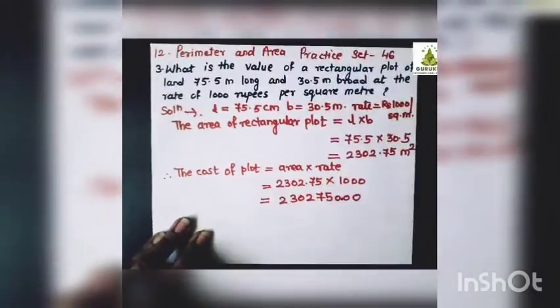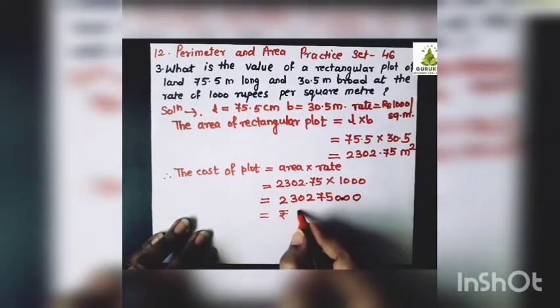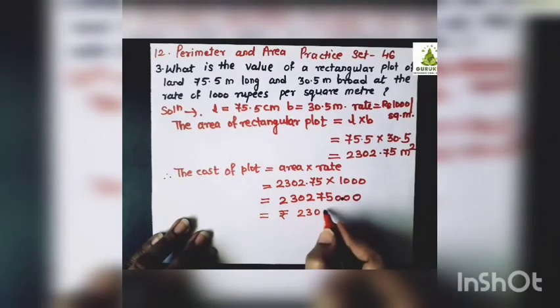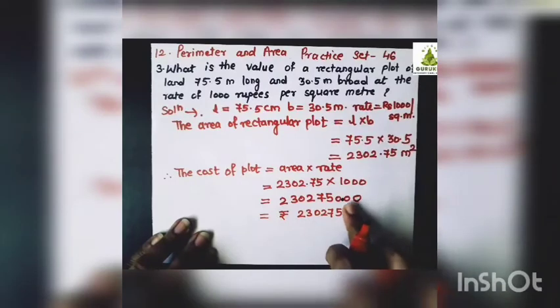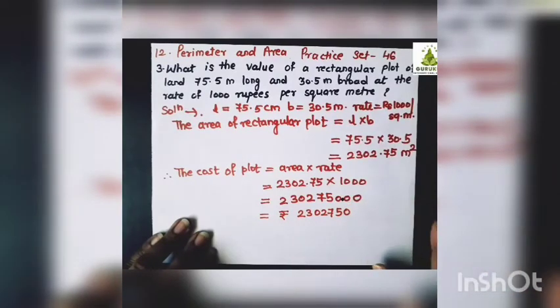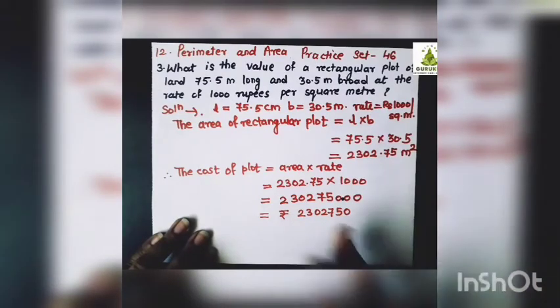So I will mark it with black. This decimal point I will mark with black. And the final answer, on the downside I can write it as rupees 230,275. These next two zeros, even if you skip while writing, it is okay.